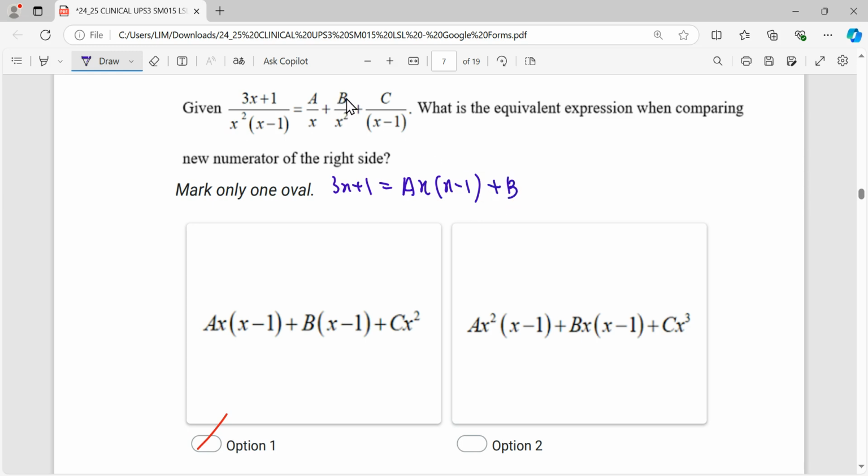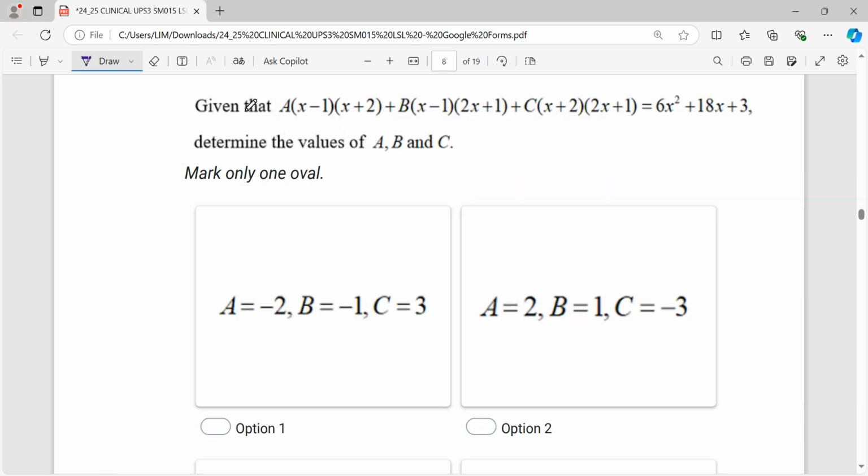For B, you can see the denominator already has x squared, so it is going to be times x minus 1. For C, it already has x minus 1, so it is going to be times x squared. So therefore, this is the equivalent expression when comparing the numerators. So here we have our option.